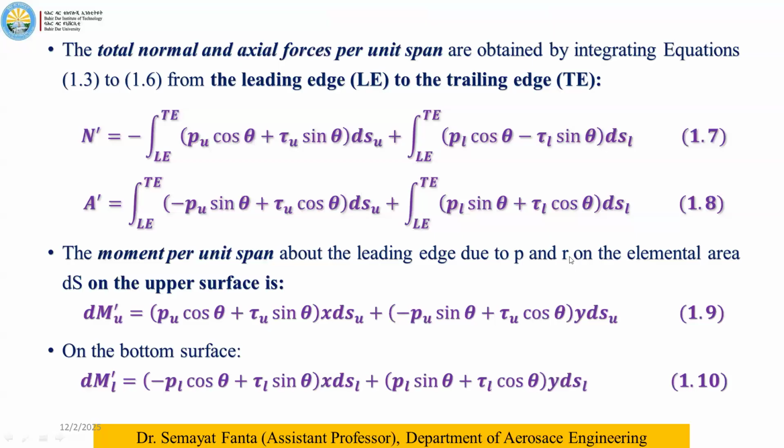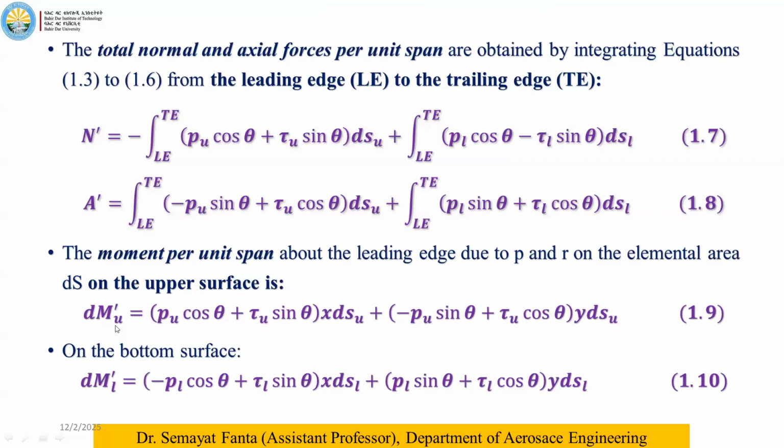Okay, so on the elemental area, dM_U is equal to the top force times x ds_U plus another term in y ds_U. X ds, y ds. Moment means force times distance.